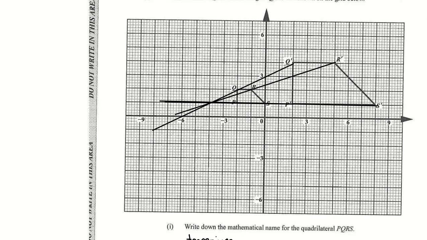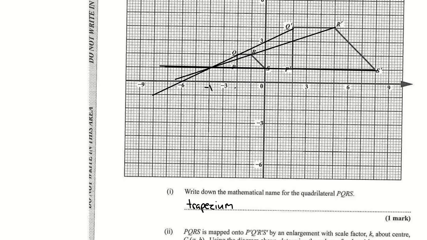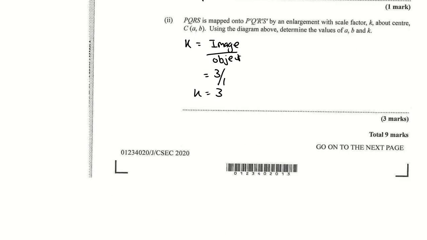So you can see that they all intersect at, this is 1, then -1, -2, -3, -4. So x is -4, and y is 1, and that would be your center of enlargement.